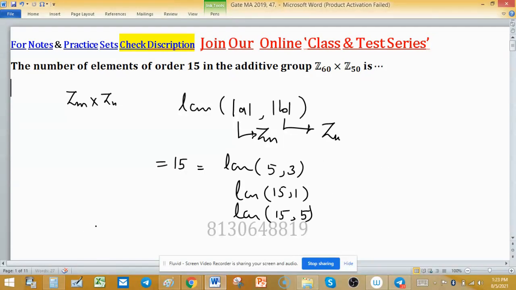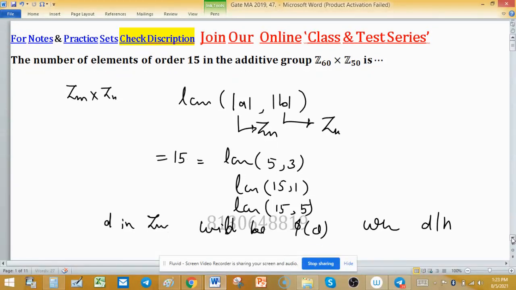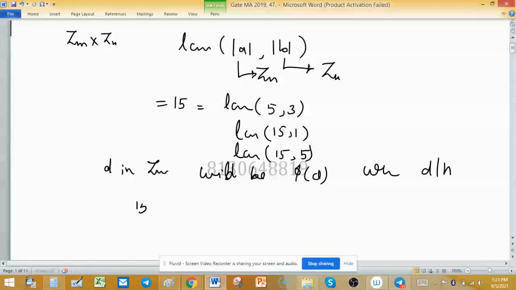So use the result: the number of elements of order d in Zn will be phi(d) when d divides n. Otherwise we can't do this. So we have to find 15 as an LCM. The first case is when the orders are (5, 3).